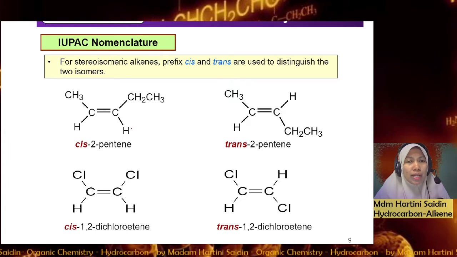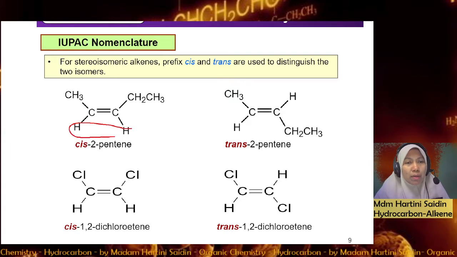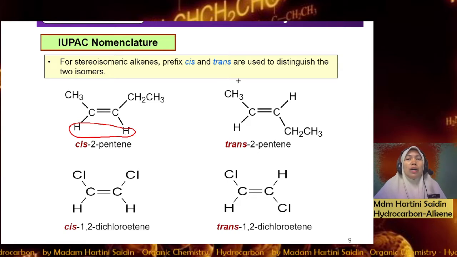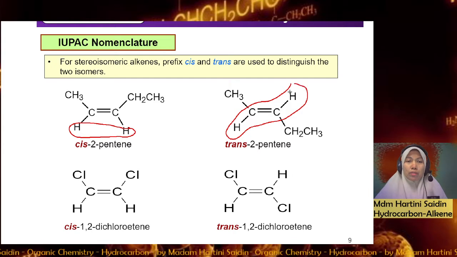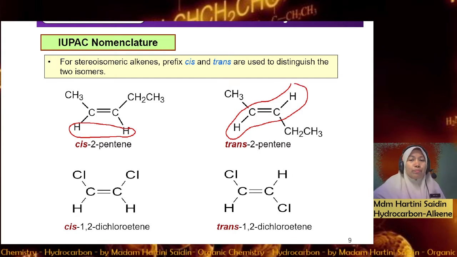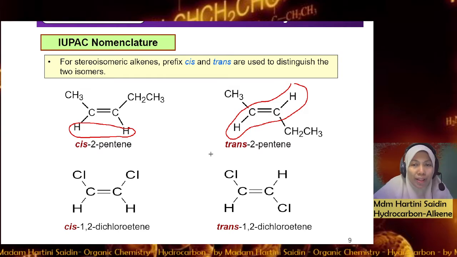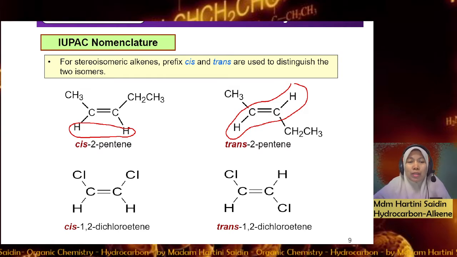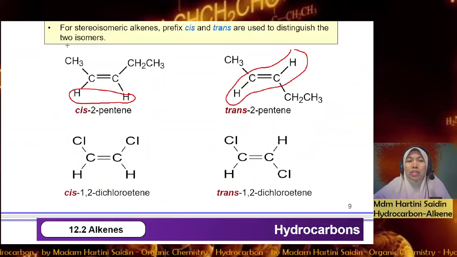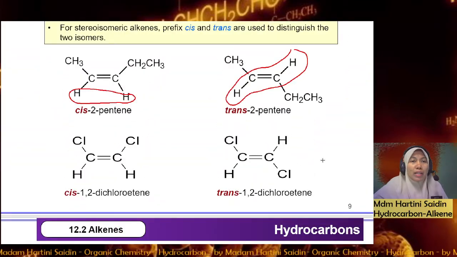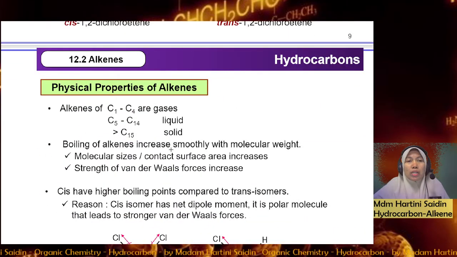So cis structure at least dia ada sepasang yang macam ni yang sama. But trans, dia bersilang macam ni. Okay. So, bila kita nak beri nama dia macam ni, kita akan tulis cis-2-pentene, trans-2-pentene, cis-1,2-dichloroethene. So, kena tahulah macam mana nak menamakan cis dan juga trans.